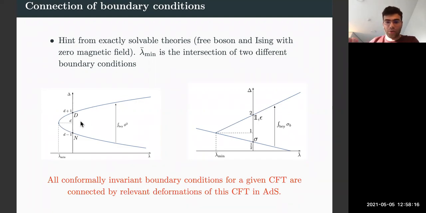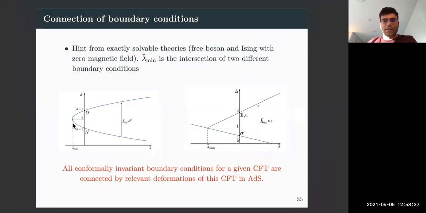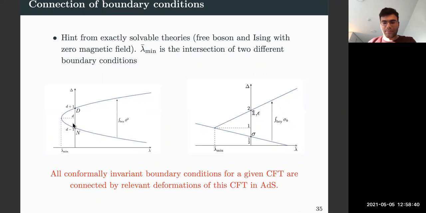The same thing happens for the phi squared deformation. We start from Dirichlet, which is the part I showed you, and if you go to negative, it meets the other leg coming from the Neumann boundary condition, at some critical lambda bar minimum that corresponds to delta equal to D, now D equals 1. Then we gave this ambitious speculation that all conformally invariant boundary conditions for a given CFT are connected by relevant deformations of this CFT in AdS.